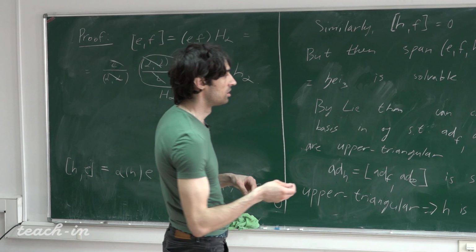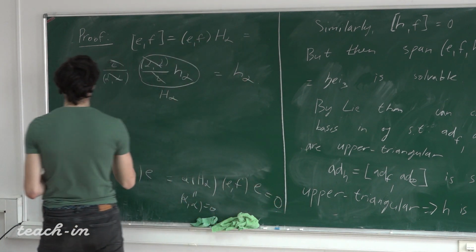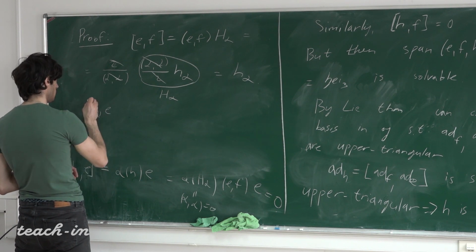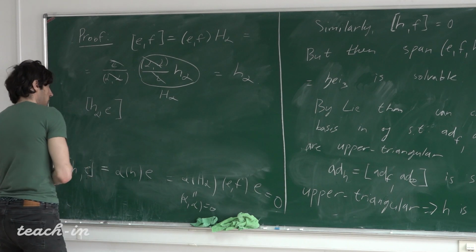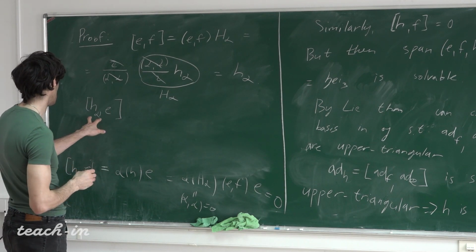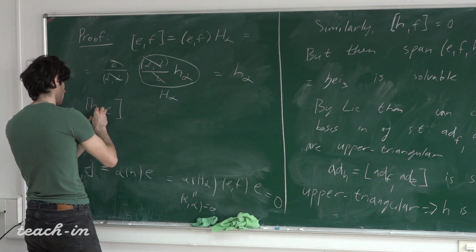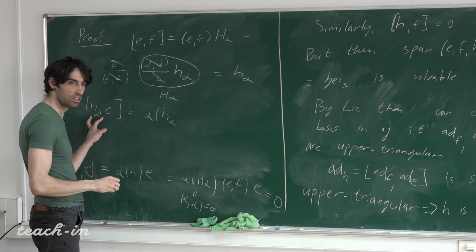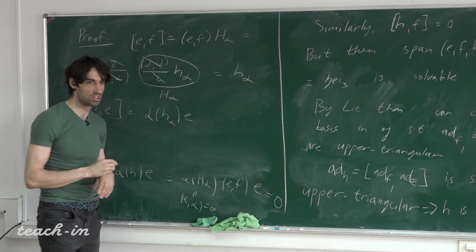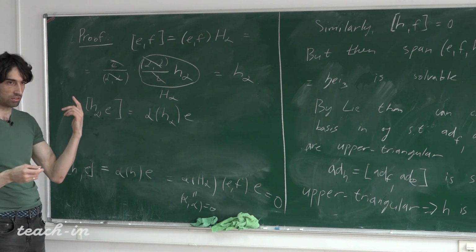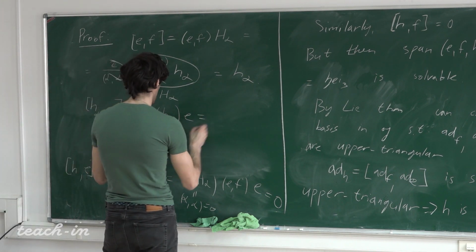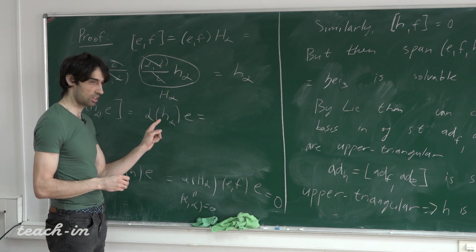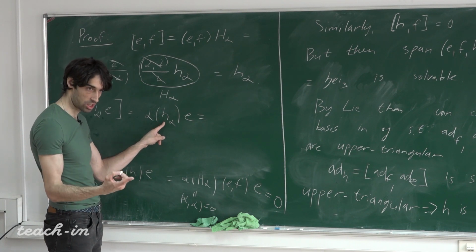So let's check, say, with E, and then with F it's just similar. So H alpha with E. Let's see. This is alpha of H small alpha, times E, just because E is from g alpha. Here I need to insert this expression in terms of H capital alpha.